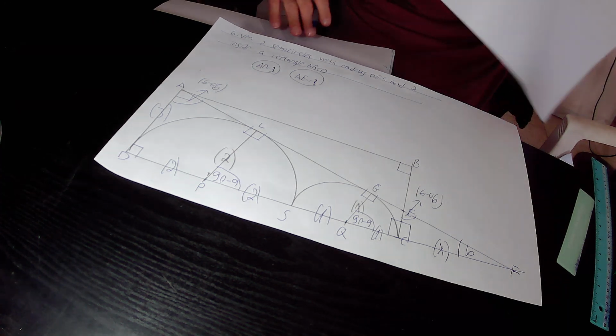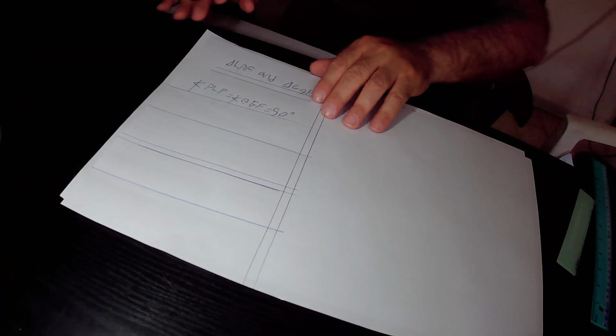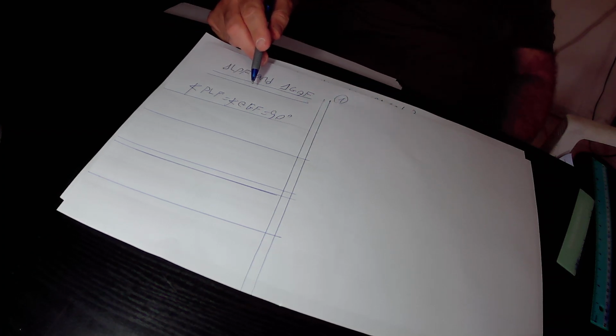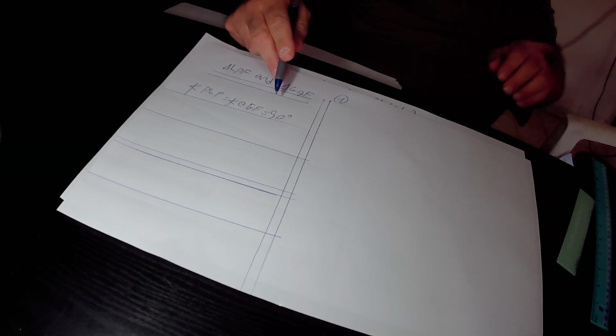And again, we found out that angle PLF in the big right triangle LPF equals angle QGF in the small right triangle GQF. They are both equal to 90 degrees and therefore they are equal to each other.